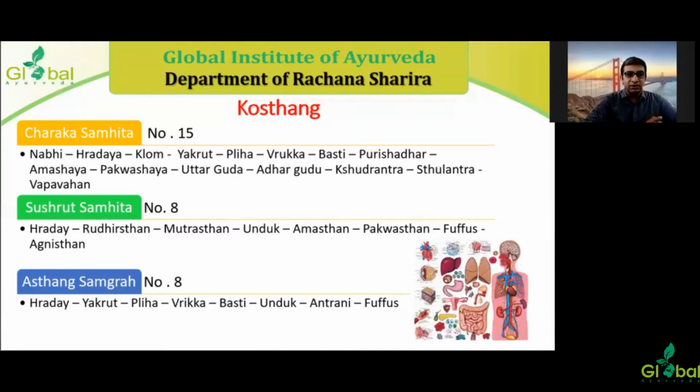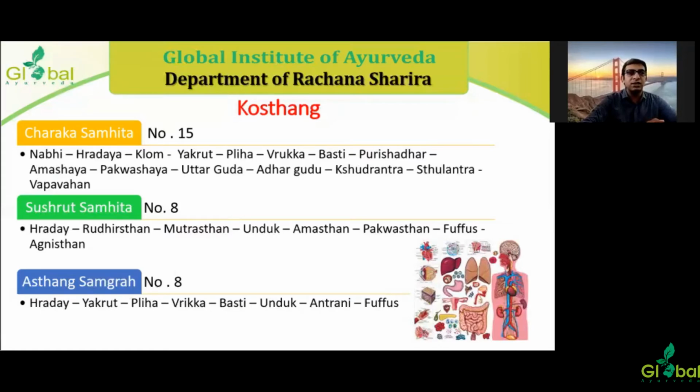Sushruta has mentioned 8 kosthanga, which include hridaya, the heart, rudhirasthana, that is yakrit and pliha, meaning liver and spleen, mutrasthana, that is the urinary bladder, unduka, that is the cecum, amasthana, that is the stomach, pakvasthana, that is the intestine, phupphusa, lungs, and agnisthana, that is the pancreas.